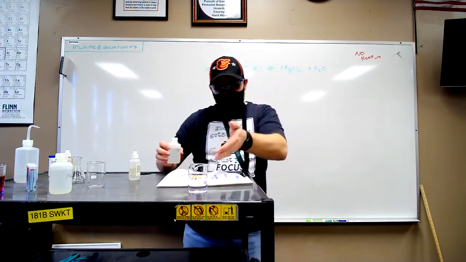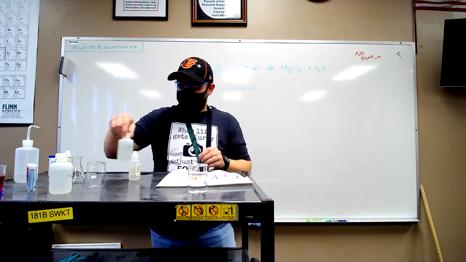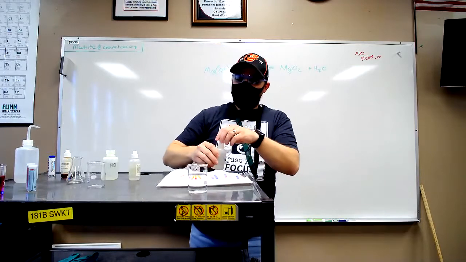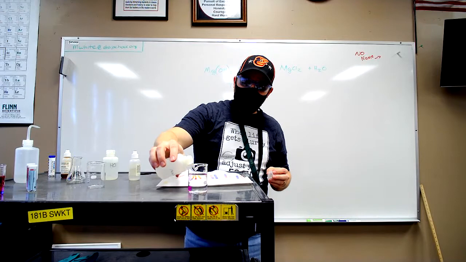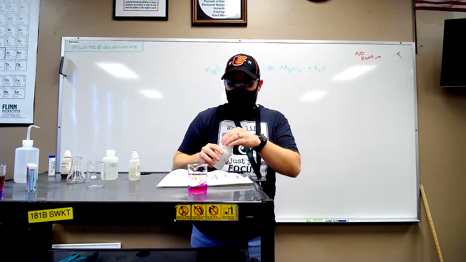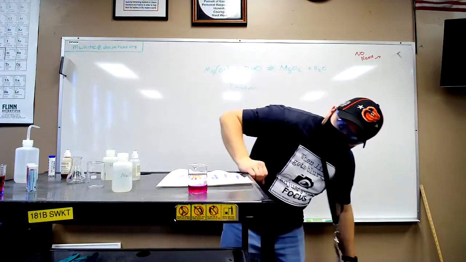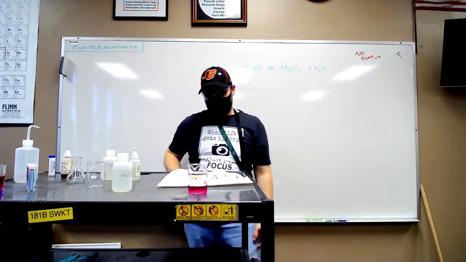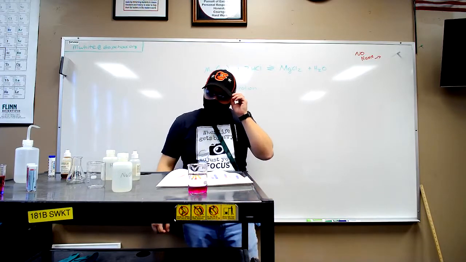But in the presence of an acid, it goes back to clear. So, and you can go back and forth. Okay, we went from slightly basic to very basic, and then we can go back to basic with adding this.